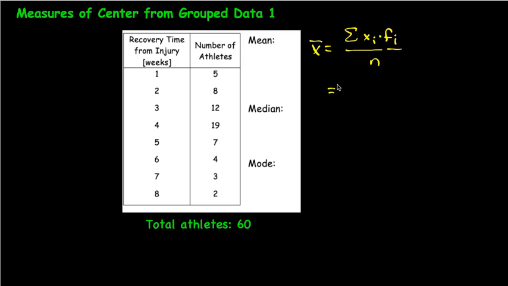And all this means in this case, I don't have an interval, I just have a finite number here: 1 week, 2 weeks, 3 weeks. So our class marks are the same as our injury recovery times.